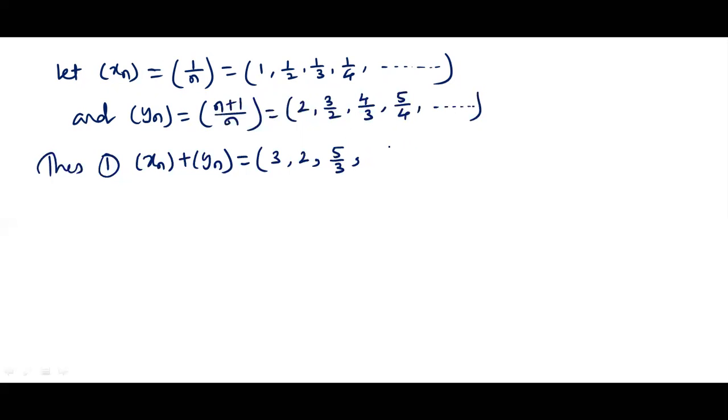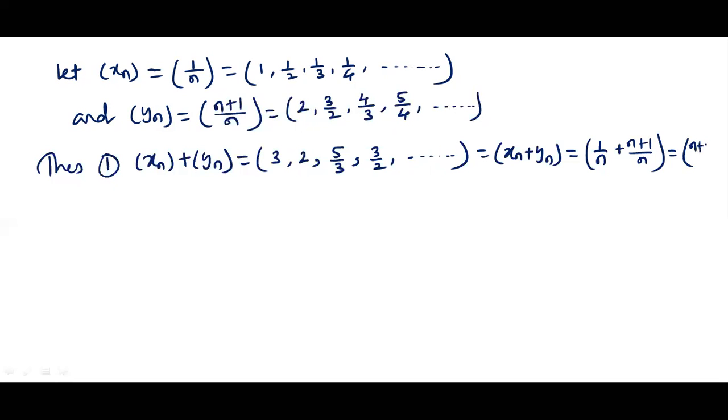Next term is 6 by 4, we can write it as 3 by 2, and so on. You can say that its nth term is, this sequence xn plus yn, equal to 1 by n plus n plus 1 by n, and that is the sequence n plus 2 by n.